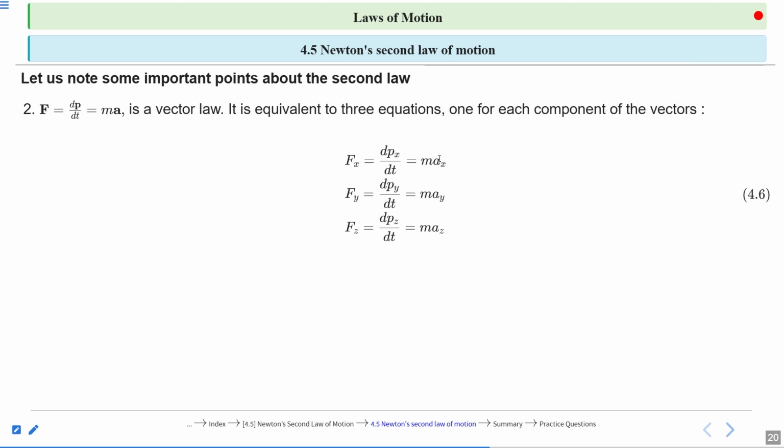This is along x-axis. Fy = dpy/dt = may, and Fz = dpz/dt = maz. So this is the force along their components, along x-axis, along y-axis, along z-axis, or we can say components of the vectors.